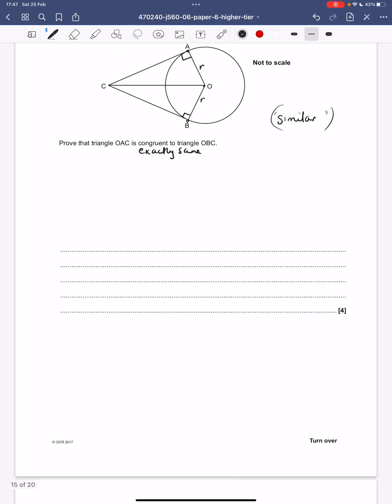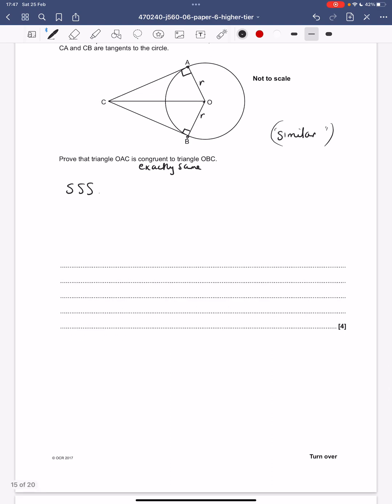Okay, so if you remember side, side, side, if we can prove all the sides are the same, then it's going to prove that the triangles are the same. Okay, so OC is a common line to both triangles. So that's fine, that's good.